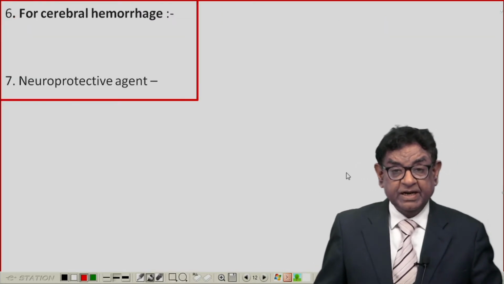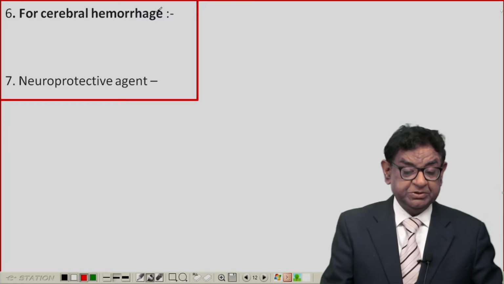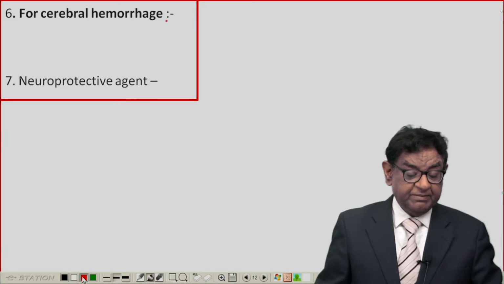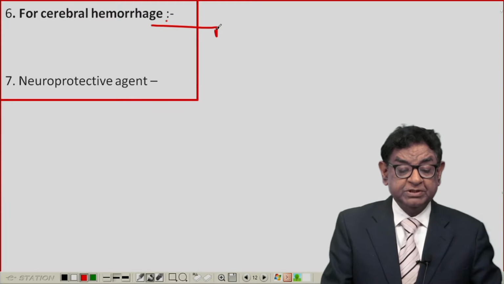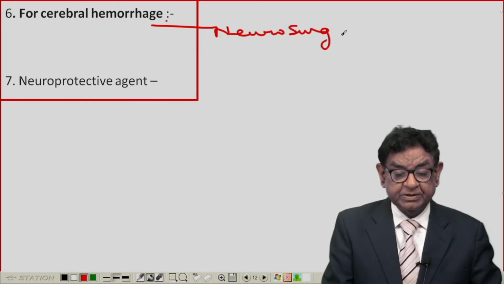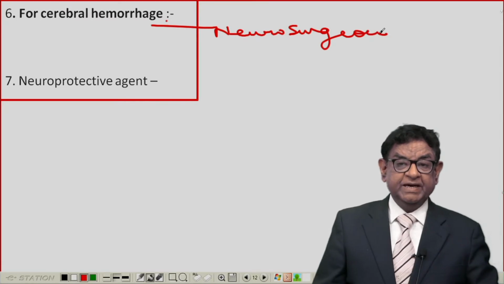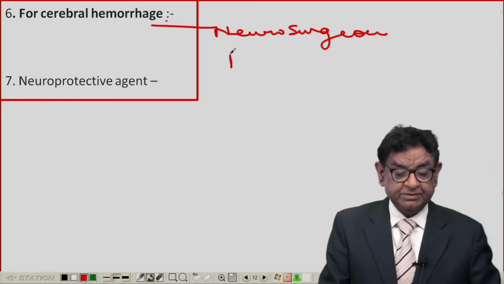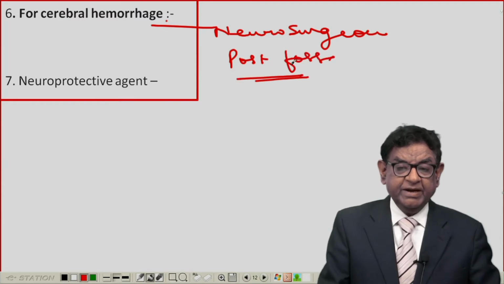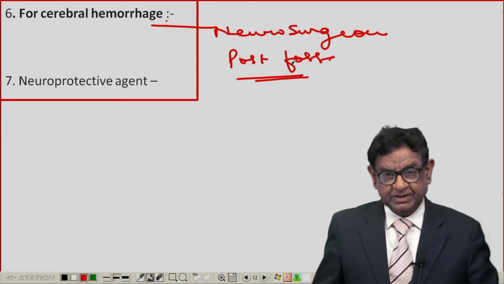Well, now what about cerebral hemorrhage? Whenever cerebral hemorrhage occurs, a neurosurgeon should always be consulted, especially if the bleed occurs in the posterior fossa. I have said especially for posterior fossa.